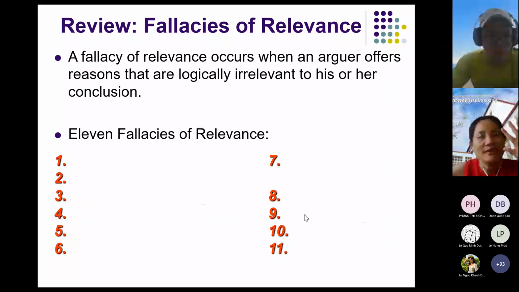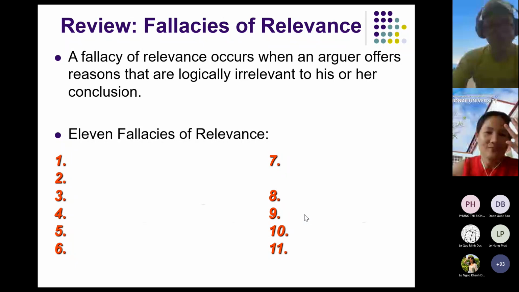Number 5, let me see, I don't remember clearly. I just name 4 types of fallacies of relevance. Only 5? You can name only 5? Okay, that's all, I forgot number 5.